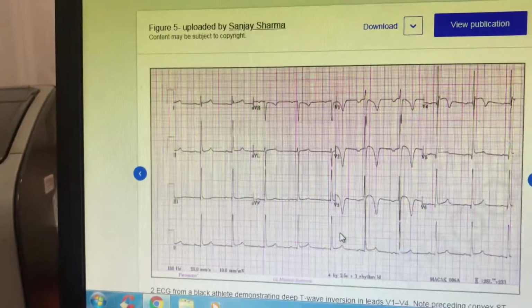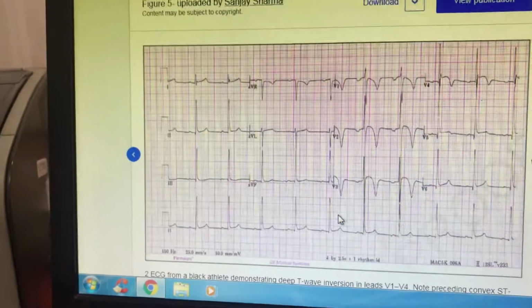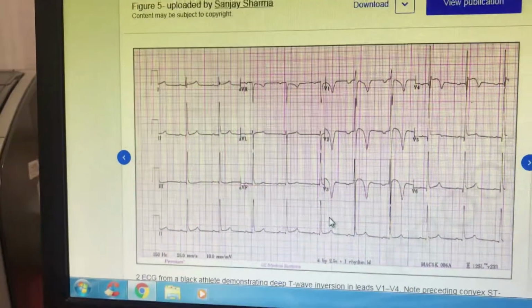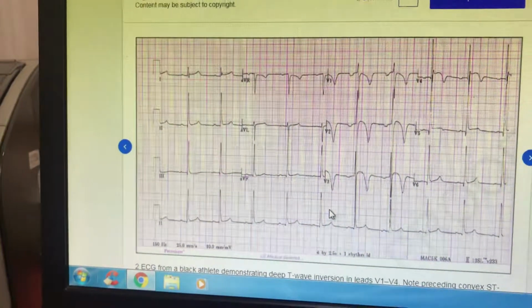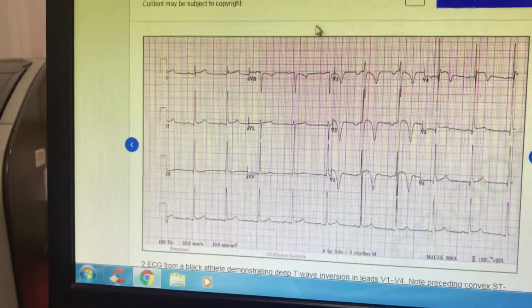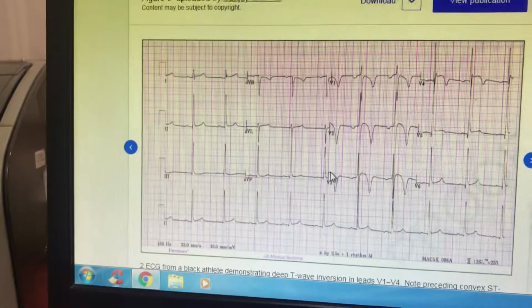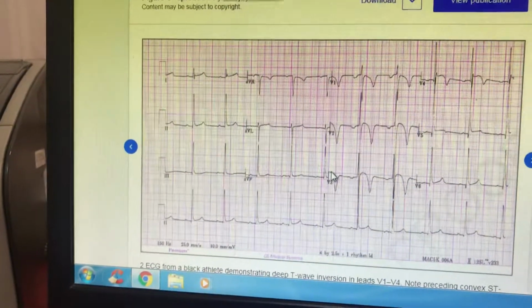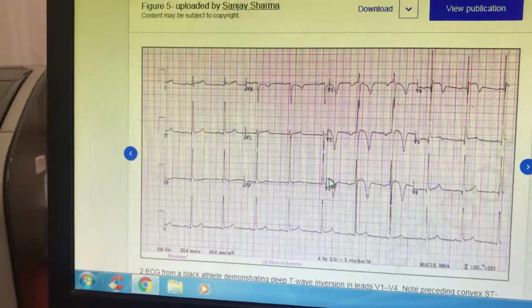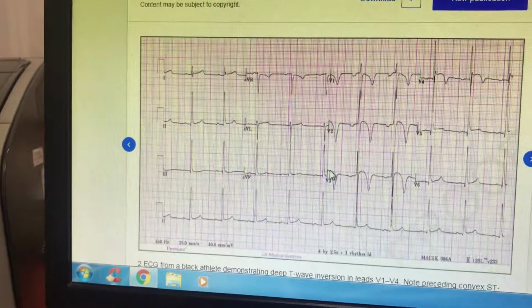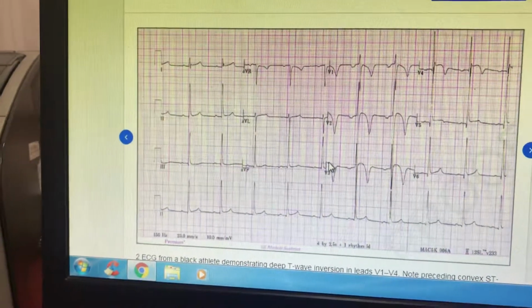So either some variant of HCM like apical HCM, with a similar Yamaguchi syndrome, which I will be discussing in future slides, or involvement of the RV like a VSD, or because of RV and LV dilatation, or because of other kinds of AR with TR. All these things can be considered in this kind of ECG, but absolutely not Wellens syndrome.